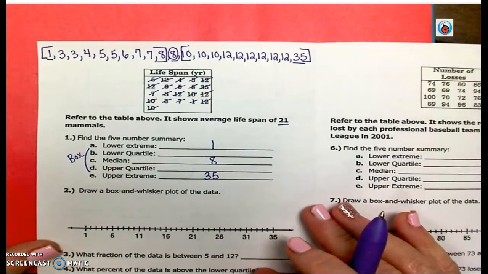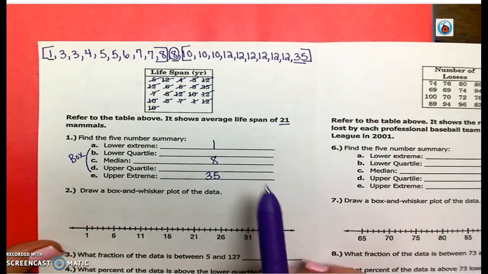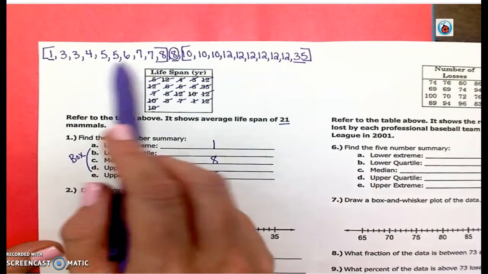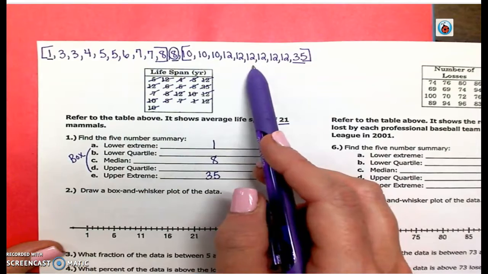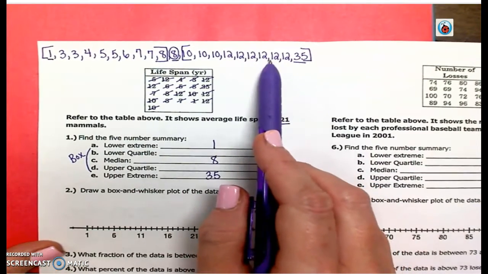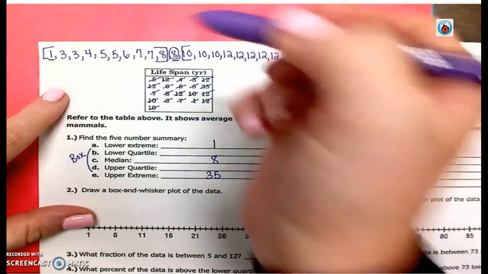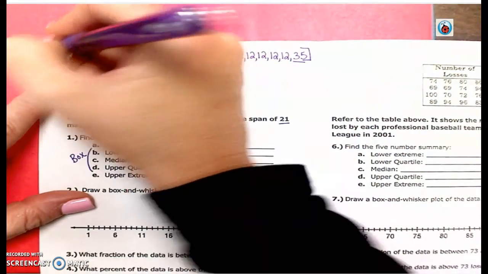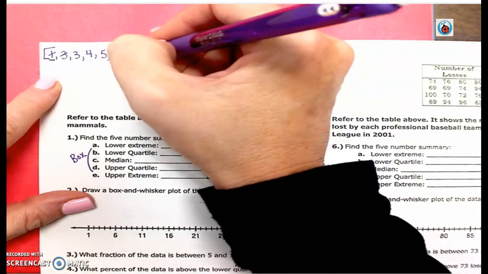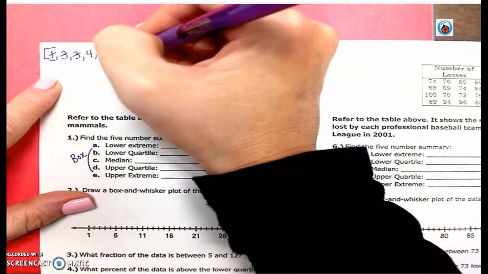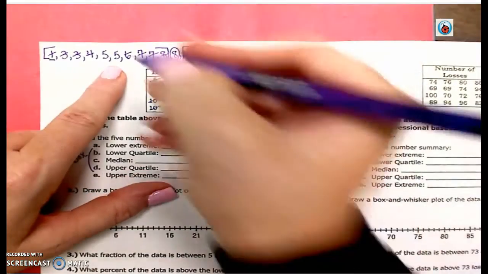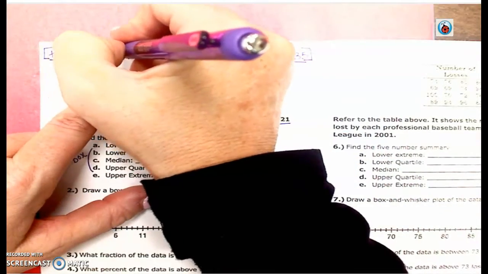And now what we are going to do is find the lower quartile, which means finding the median of this lower set of data. And then we're going to find the upper quartile, which is going to be the median of the upper set of data. So what I like to do is cross them off from lower, upper as far as the numbers, and work my way into the center, and then I can see that I actually have 2 numbers in the center.